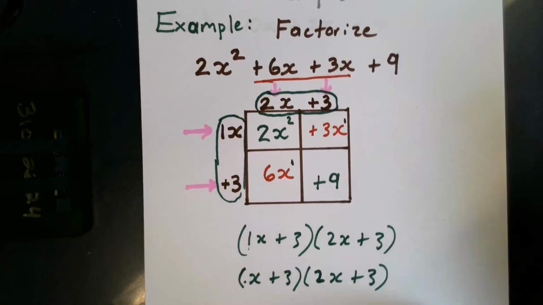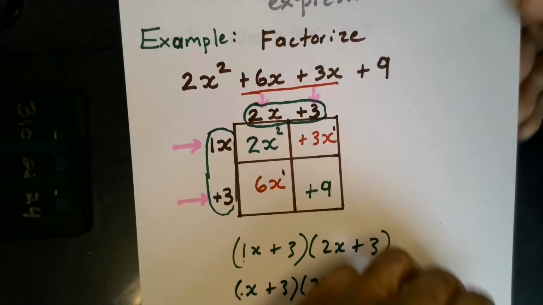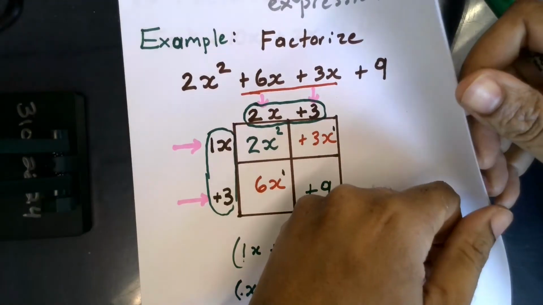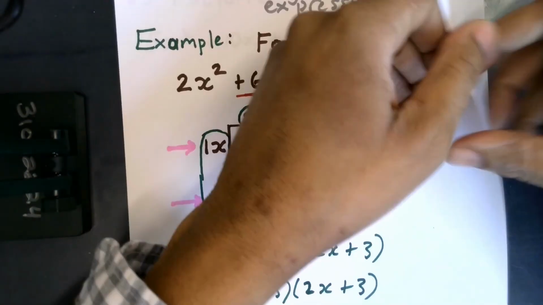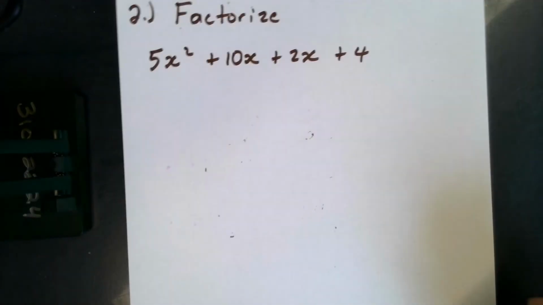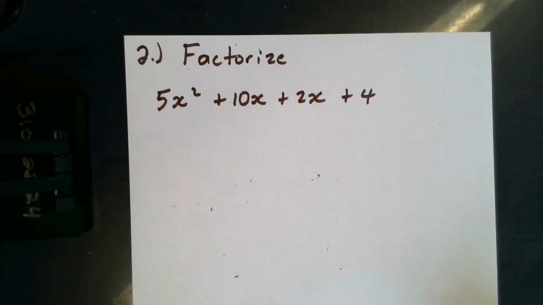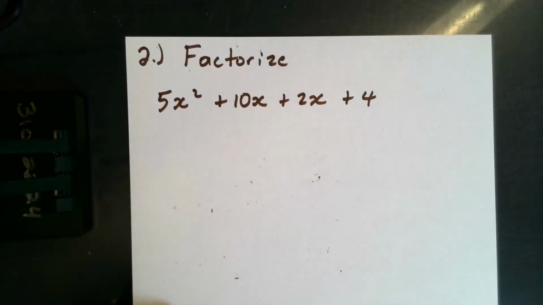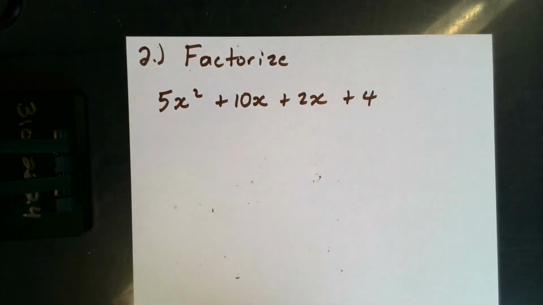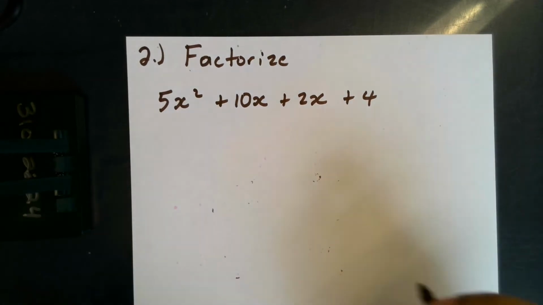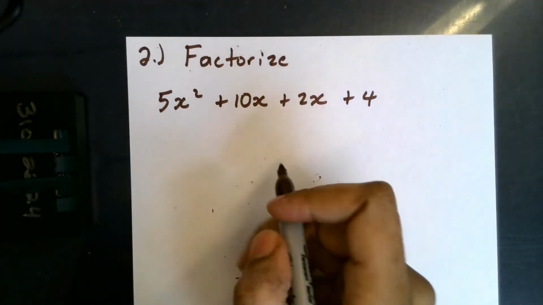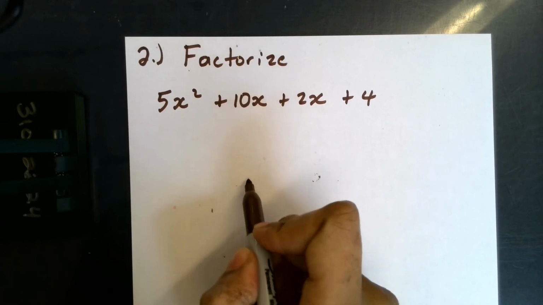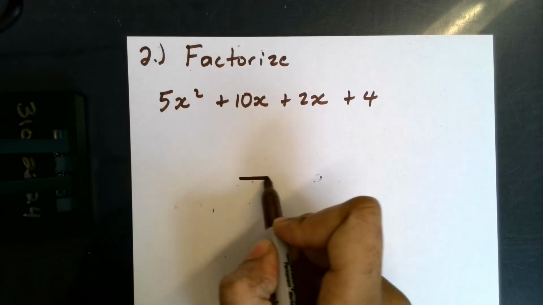Alright, one more example. I'm going to factorize this 4-term expression. This time I am just going to make a freehand sketch of a box.